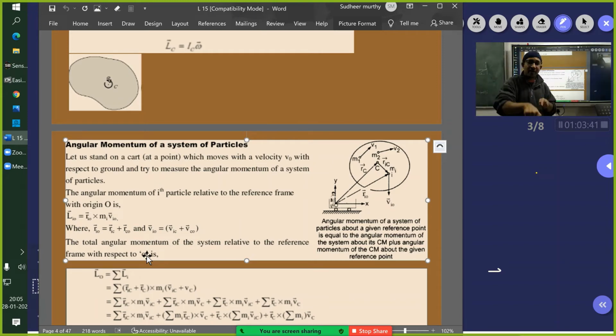So now its angular momentum with respect to something, you have to consider both things. The angular momentum because it is revolving plus the angular momentum because it is translating. That becomes the total angular momentum at the center. I suppose you are understanding that complication, right?